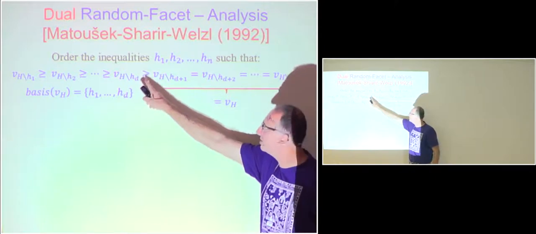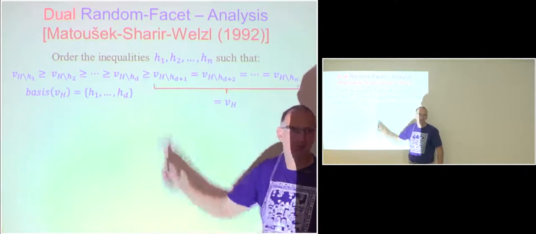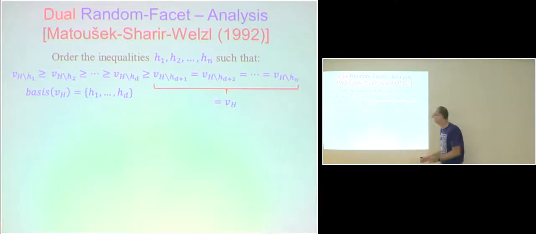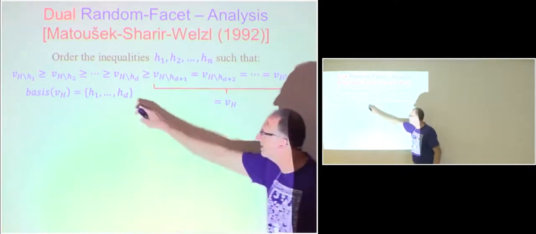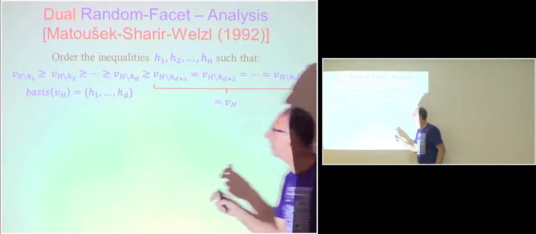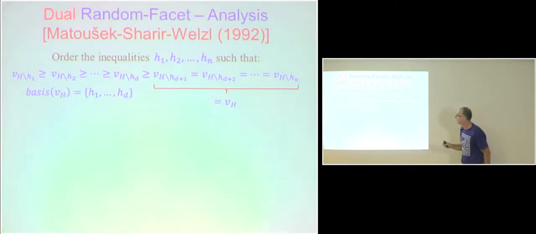But I'm not even assuming that. Everything actually works if it's not a unique basis, I just don't want to explain what happens. So let's assume that this basis is actually unique. So there's a unique set of d essential inequalities, h1 up to hd.